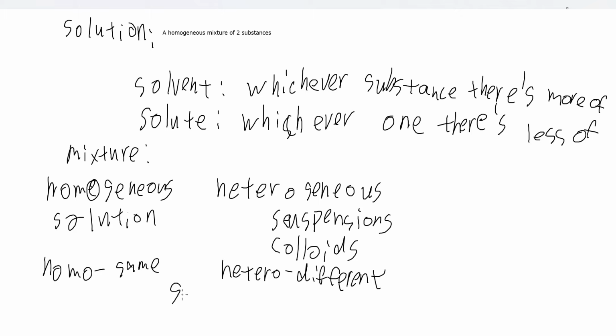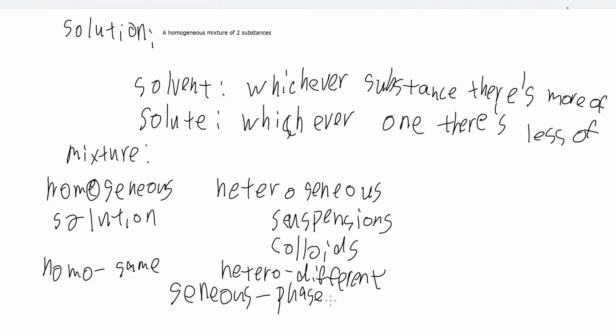Geneous literally just means phase. So if you're a homogeneous mixture, you are in the same phase, and so everything is mixed evenly, and you have a solution. If you have a heterogeneous mixture, you are in different phases.